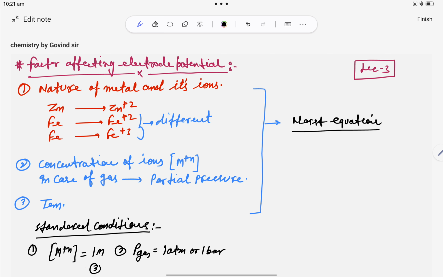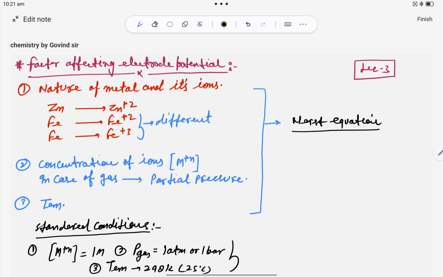Number 3, temperature 298 Kelvin, 25 degrees Celsius, which is room temperature. So these are called standard electrode potential.